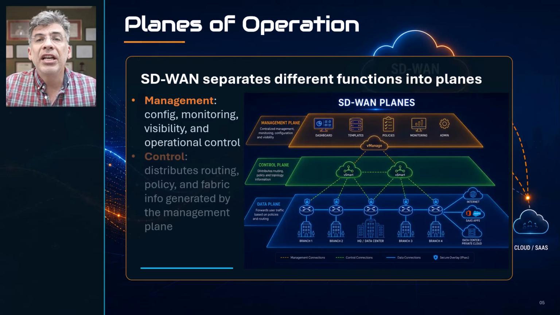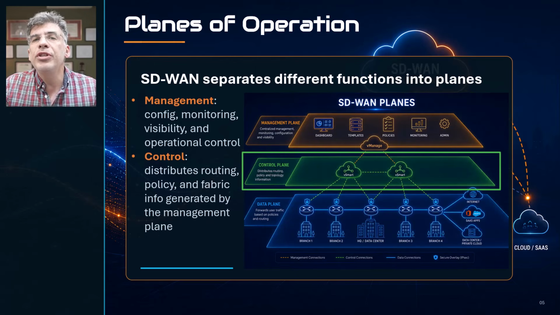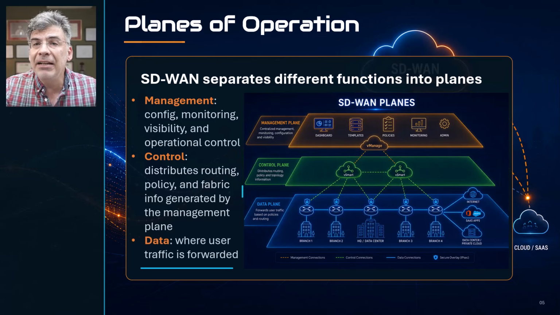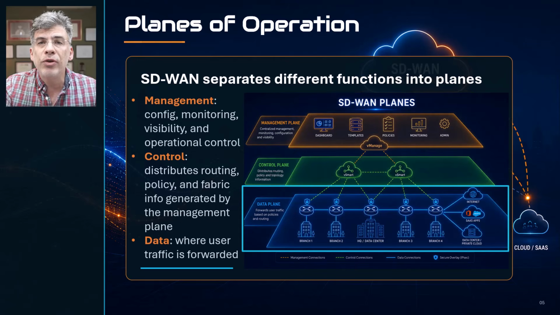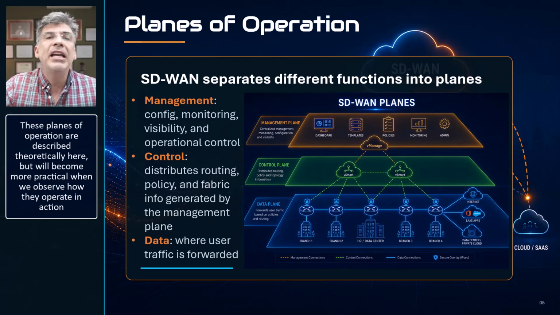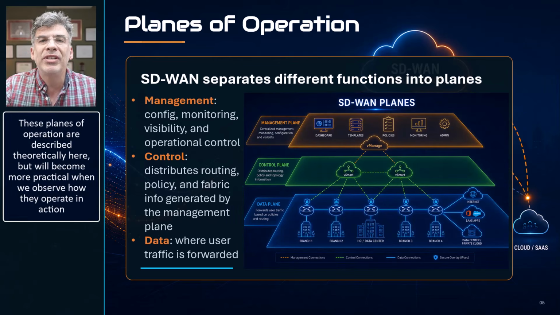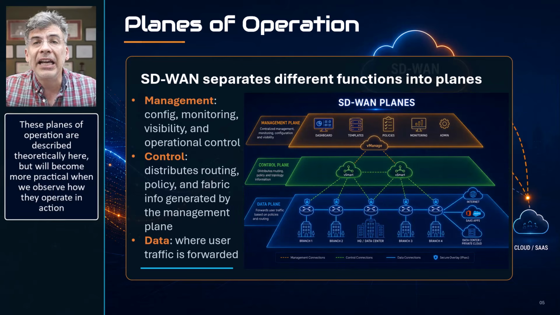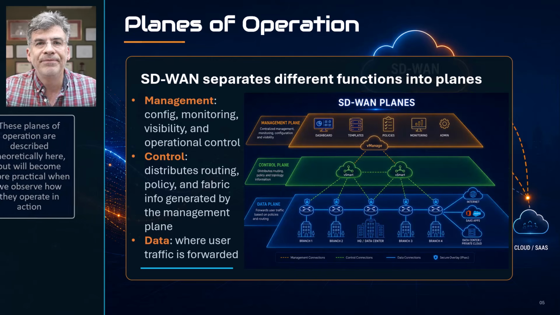Then we have the control plane, which is used to distribute routing, policy, and fabric information generated by the management plane. Finally, we have the data plane, which is where user traffic is actually transmitted and forwarded. So the management plane controls the fabric, the control plane distributes intelligence, and the data plane forwards the traffic.